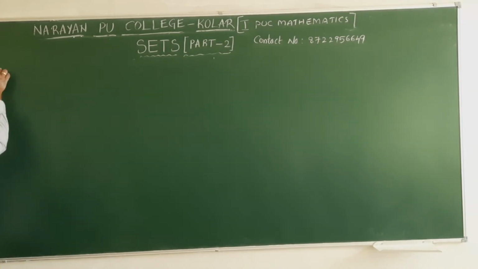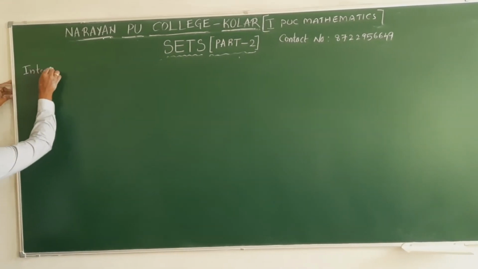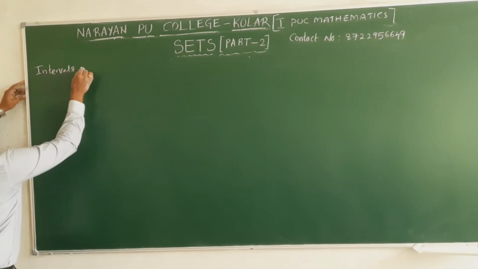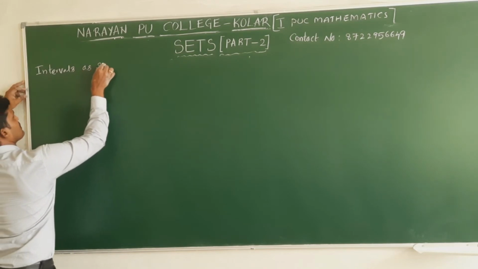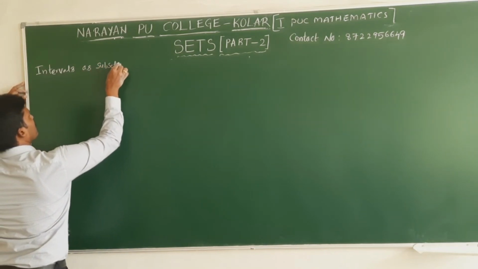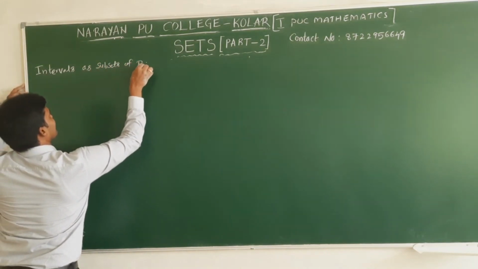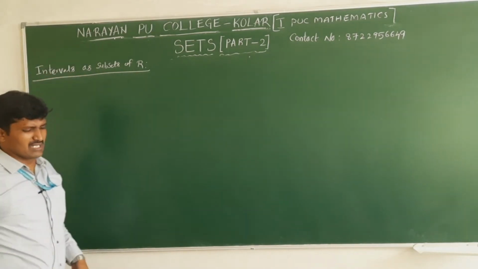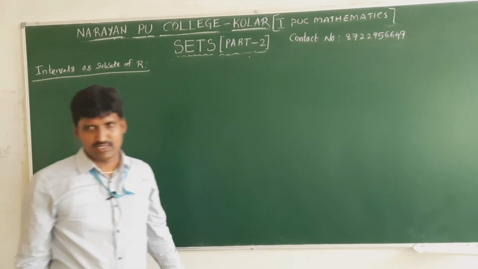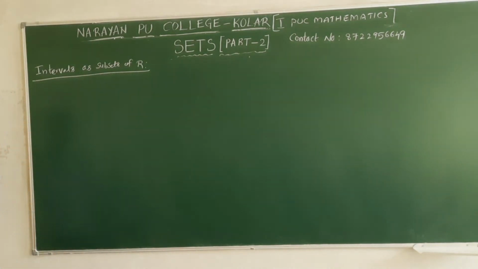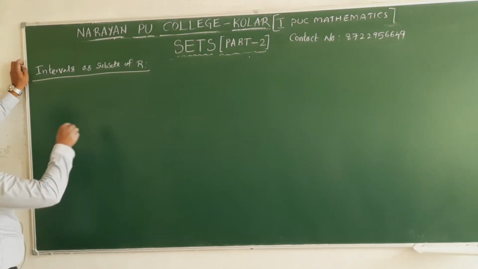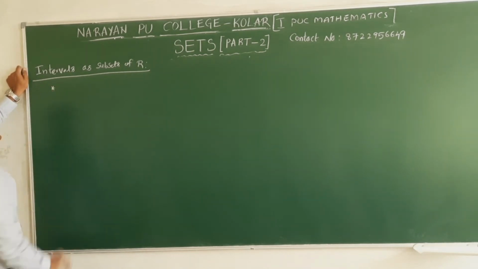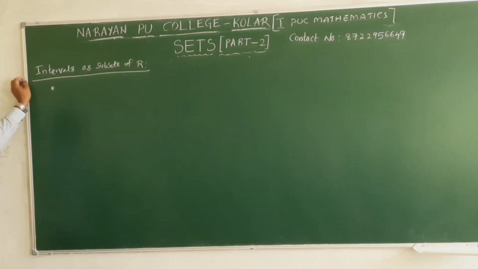Next one, intervals as subsets of real numbers. Sometimes we use different symbols: closed interval, open interval, like that. When you use the closed bracket, the extreme values are included.